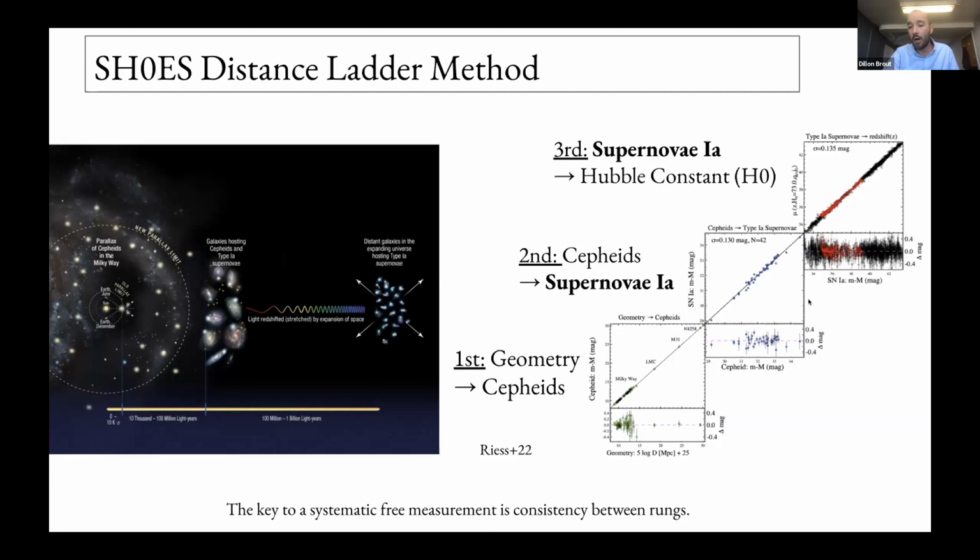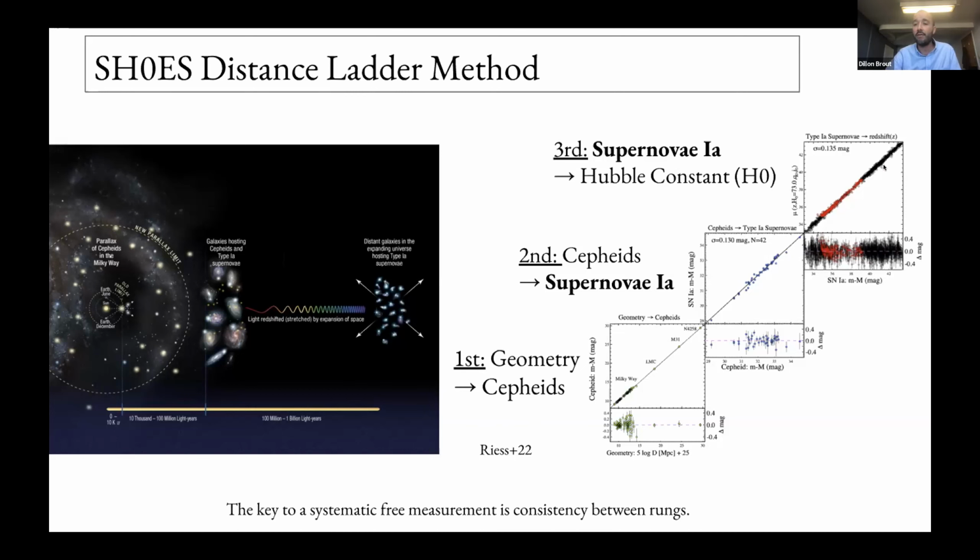In the second rung, we transfer those geometric distances to the Cepheids, and then ultimately to the Type Ia supernovae, where we now have 42 galaxies that have hosted Type Ia supernovae and are visible up until 2021 from HST. And that was really the rate-limiting step.